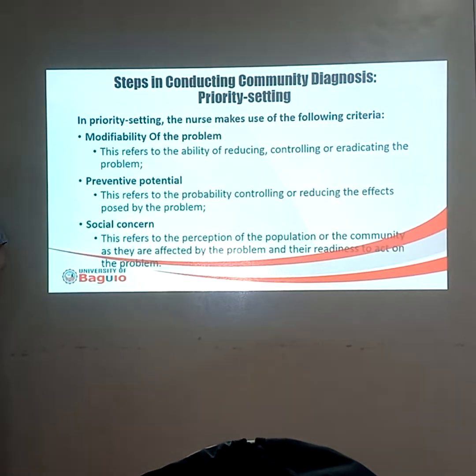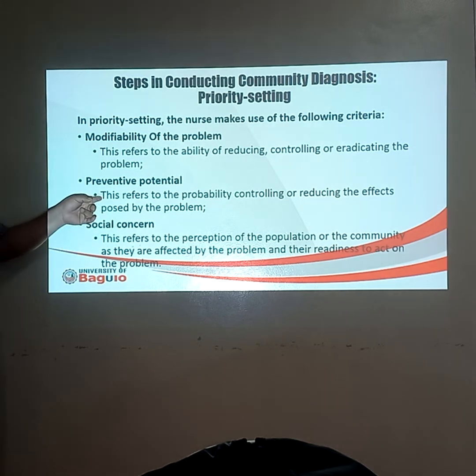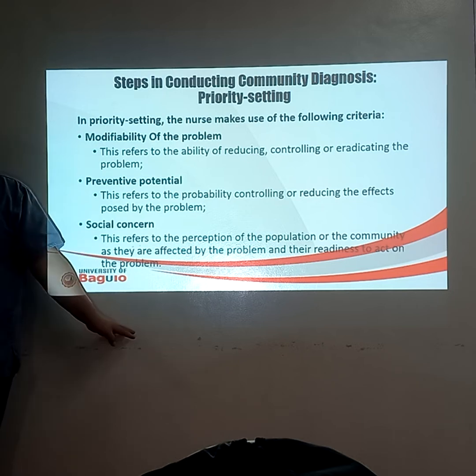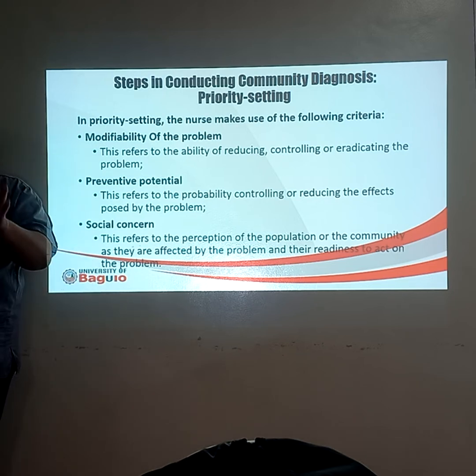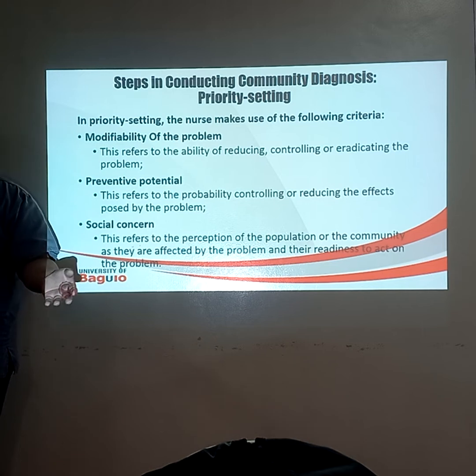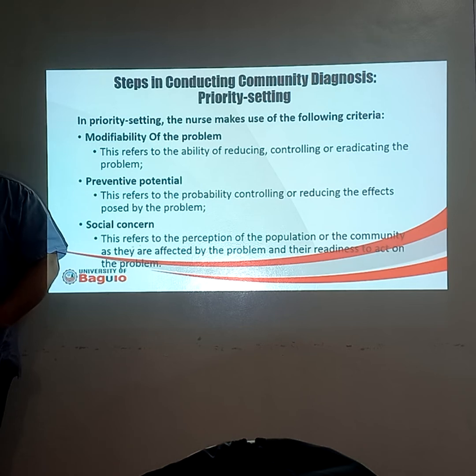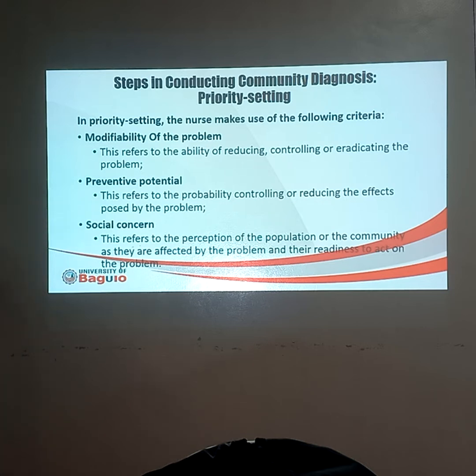So, para natin sa score, the problem is not identified as a problem by the community, hence hindi siya kailangan bigyan ng solusyon. Or, ang problema ay identified, but it does not require an urgent attention. And scores 2, kapag na-identify ang problema and they think it requires an urgent attention. So that is your social concern.